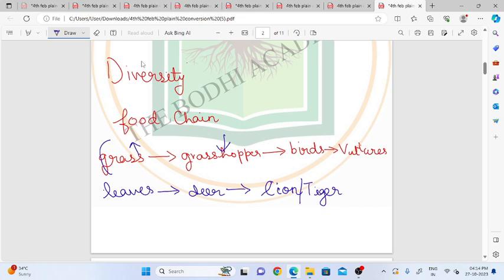Again, if deer are not there, then there will be many more leaves, and lion and tiger cannot eat leaves because those are carnivorous organisms. So that's why deer play an important role by feeding on producers, then carnivores eating these herbivores. So overall, food chain is very important in our ecosystem.